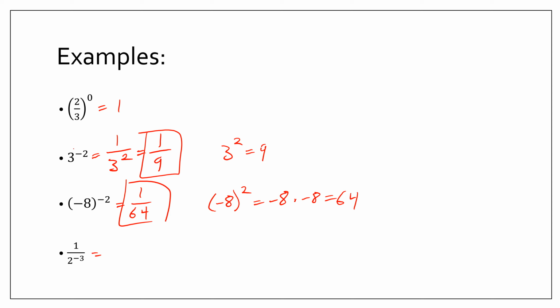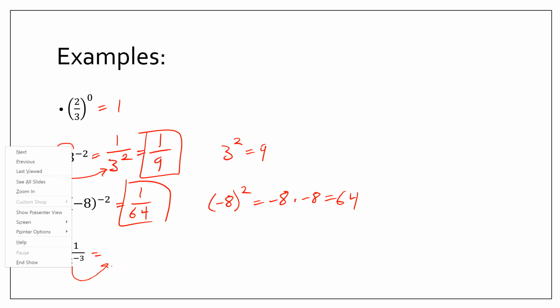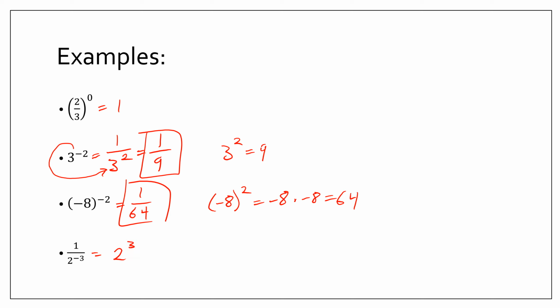If 3 to the negative 2 sends the number to the bottom, does it make sense that a negative exponent on the bottom should send the number up to the top? So 1 over 2 to the negative 3 is the same as 2 to the positive 3, like on top of the fraction. So 2 to the third over 1, or just 8.